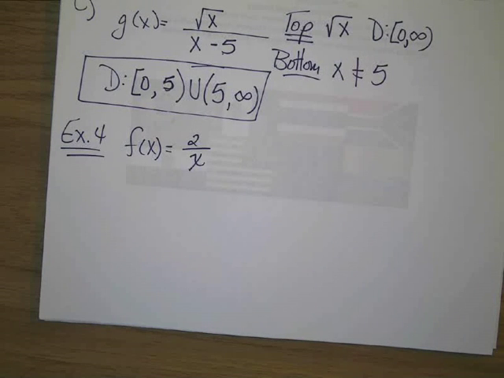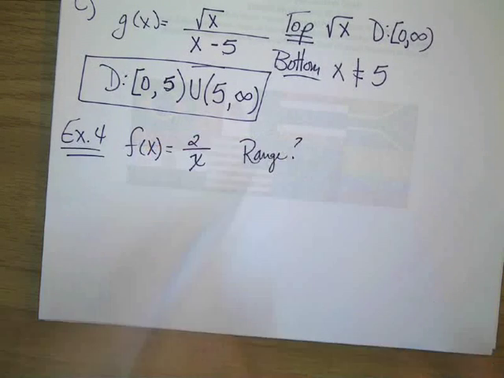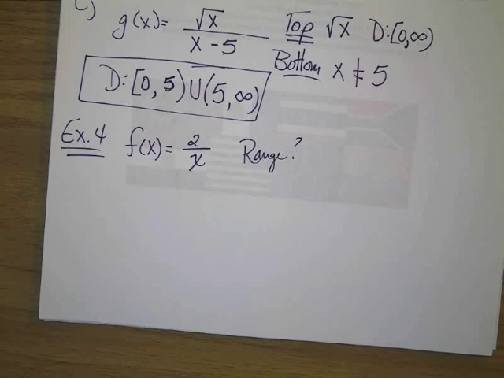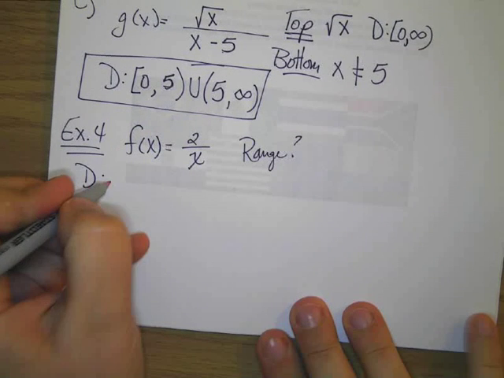So now they want us to find the range. I will almost always find the domain first. Plus it makes us practice. So this one, there's no square root, so I don't have to worry about the square root, but I do have a fraction. So what's the only thing x cannot be? 0. So your domain is, what's the smallest I can have though?